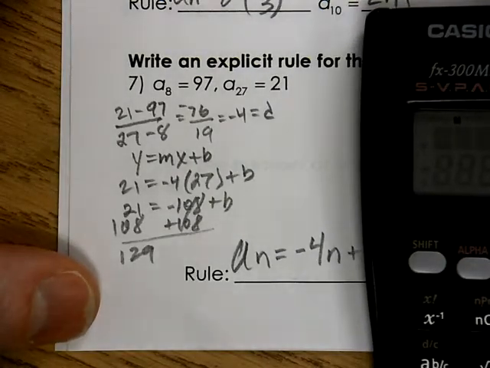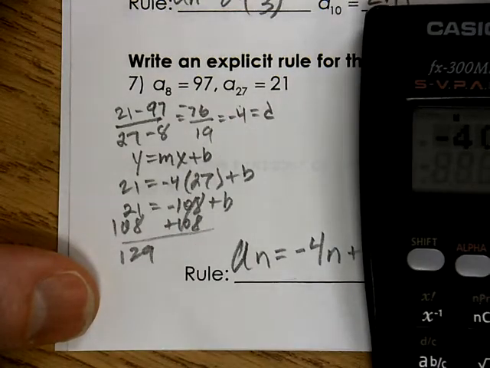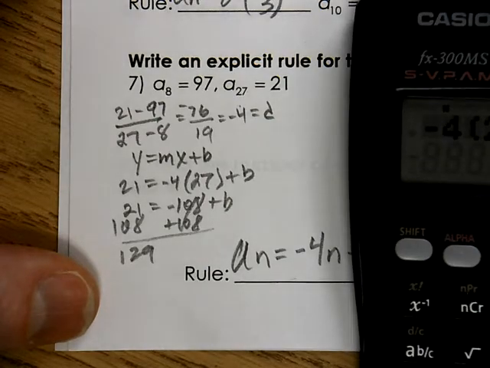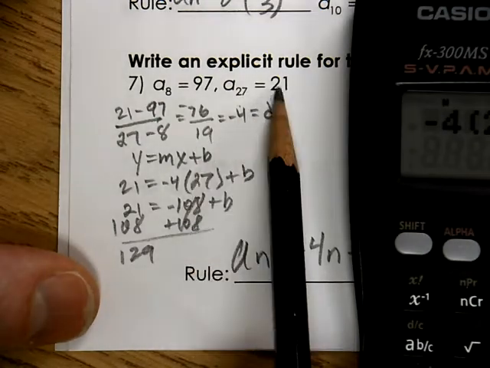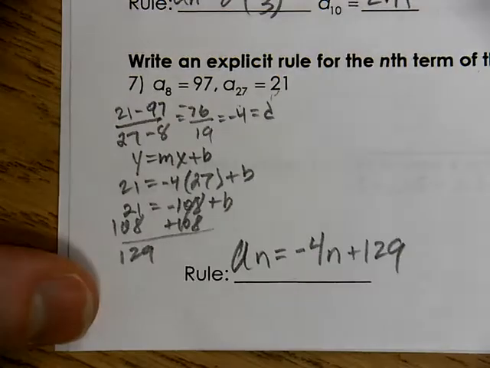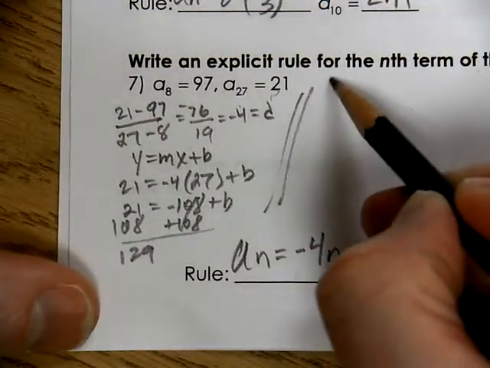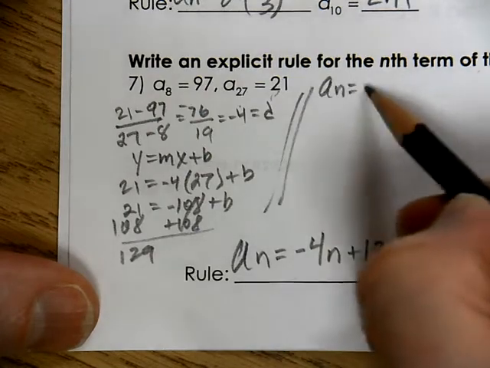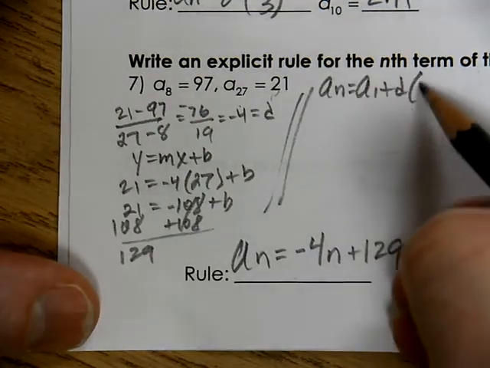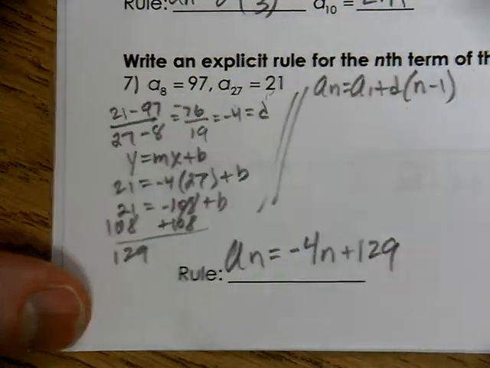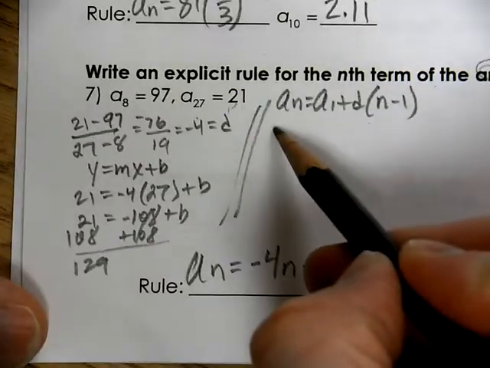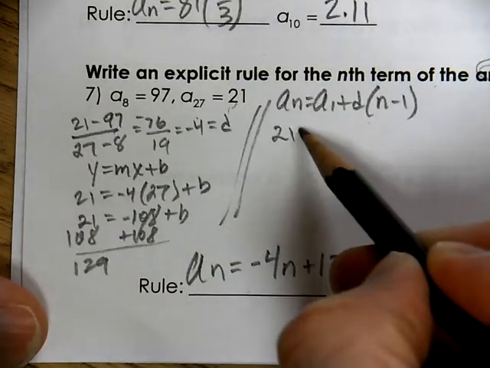So we're going to take negative 4, plug in our 27, and add 129 to it, and I got the answer of 21. The other way to do this is to use the format of a of n equals a of 1 plus d n minus 1. So we're going to plug in our 21.